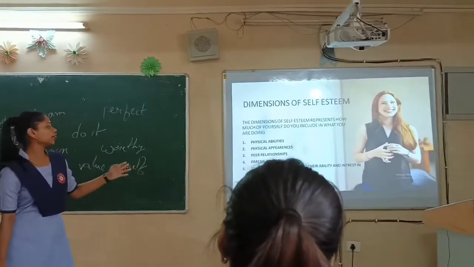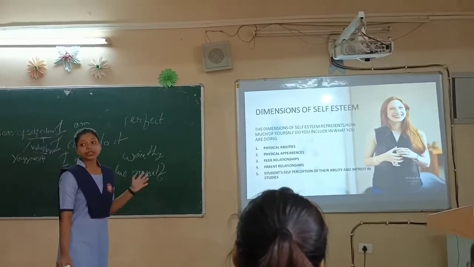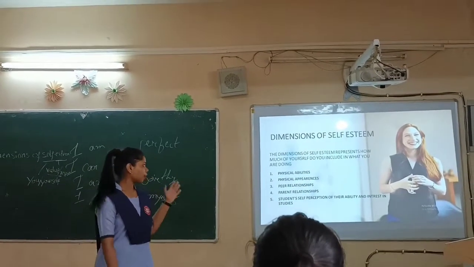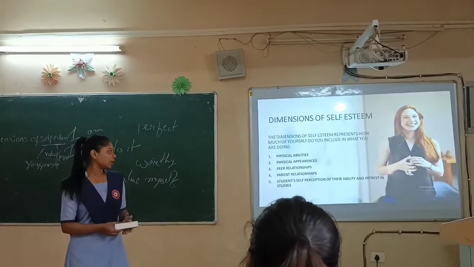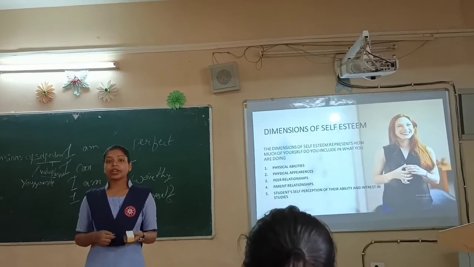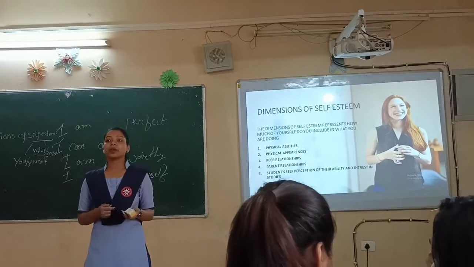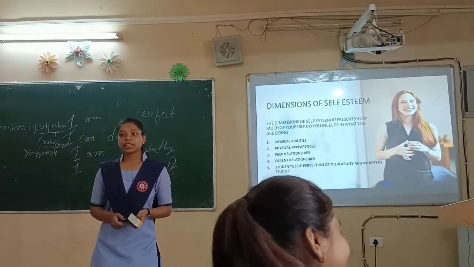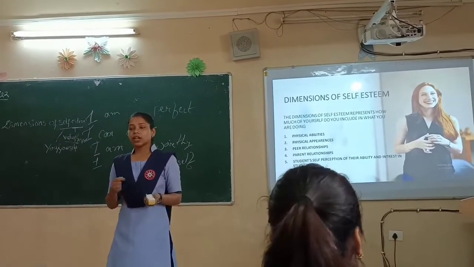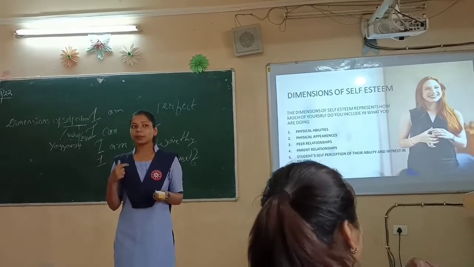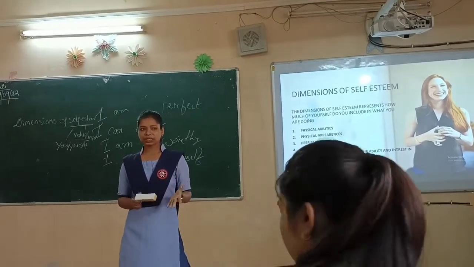And the fourth one is parent relationship. This is a very important part of a dimension of self-esteem. In parent relationship, we should have a good relationship with our parents, because sometimes we feel that how can I tell our parents this kind of thing.